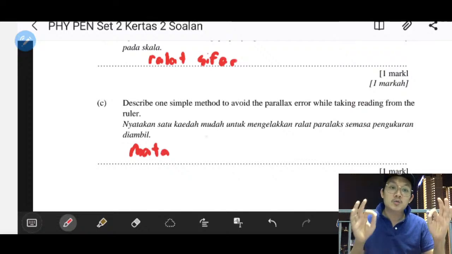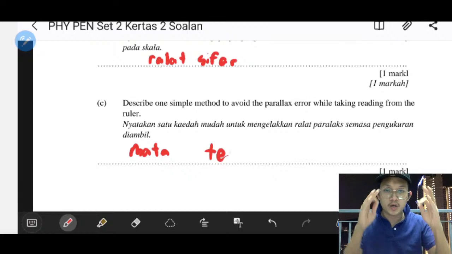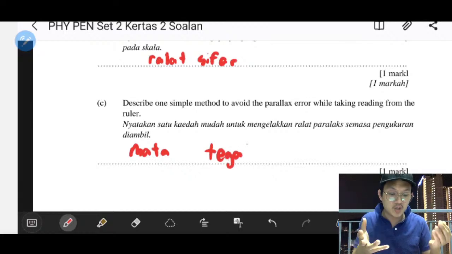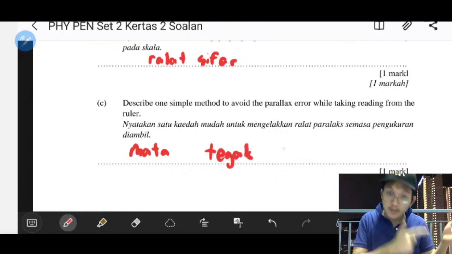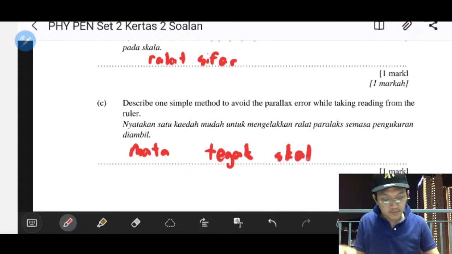Okay, so these are the few keywords that we will be actually having: mata tegak di atas skala bacaan. Alright, so that's all for the question.